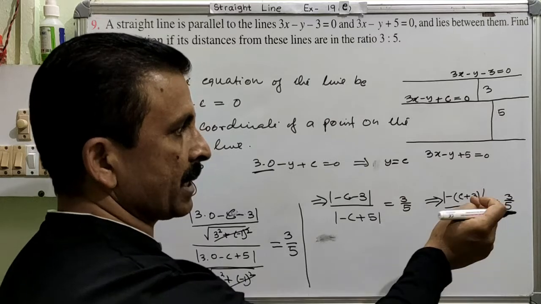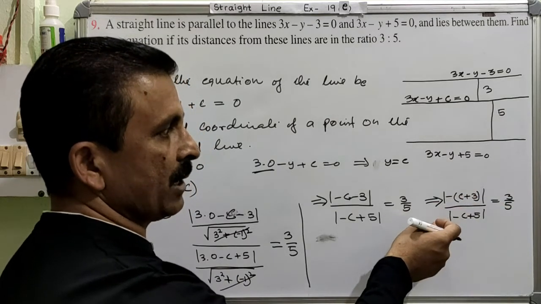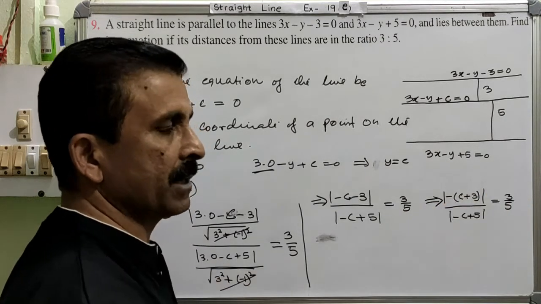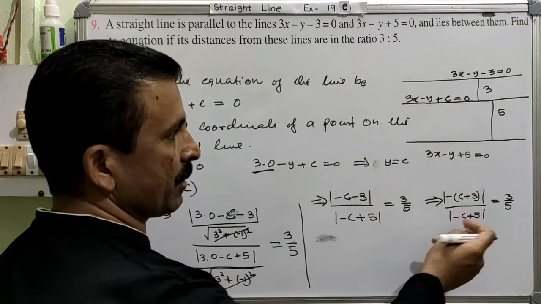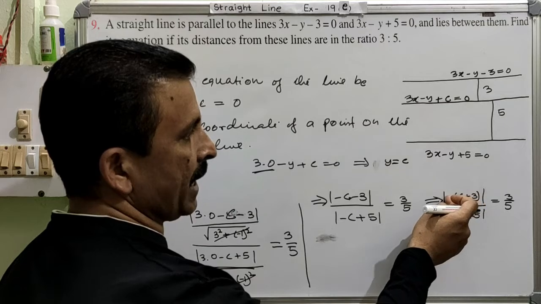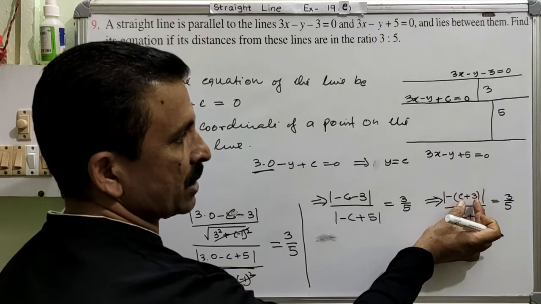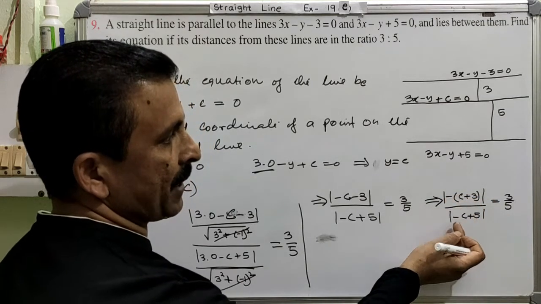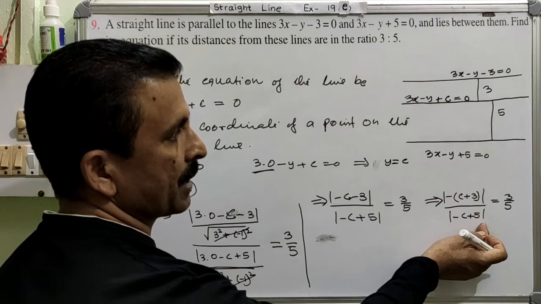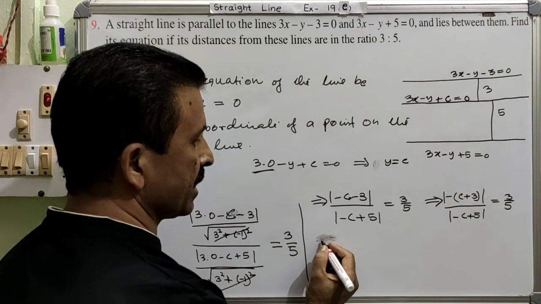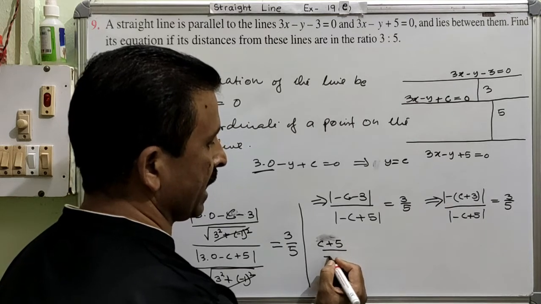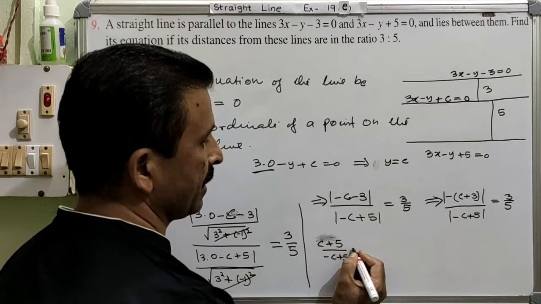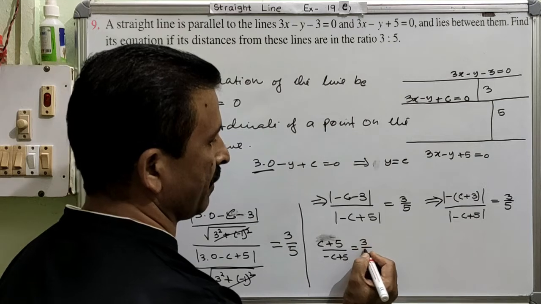But in this case, because we have double absolute value, we will not have the double sign. So we can simply remove this absolute value sign and this number will come out signless. So this minus sign will disappear. This will remain as it is. Clear? So this is c plus 3 over minus c plus 5 is equal to 3/5.